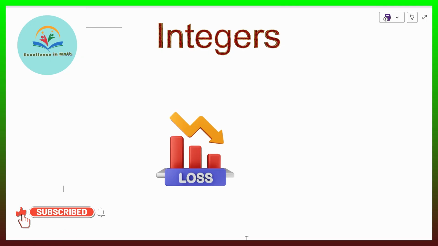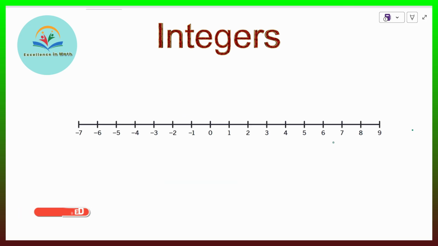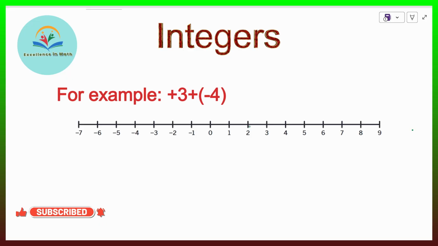Let's try to understand the arithmetic operations on integers. Consider an example, +3 plus -4. Now let's try to understand why this +3 plus -4 results in subtraction. First, think of the positive number +3.